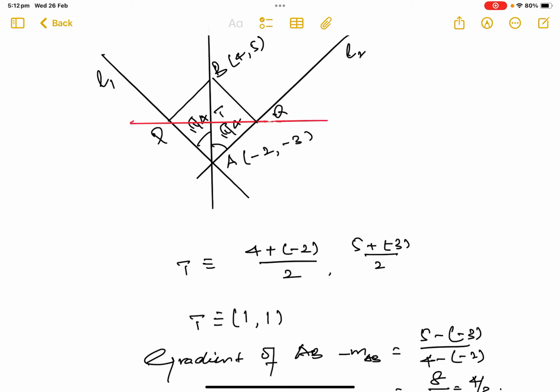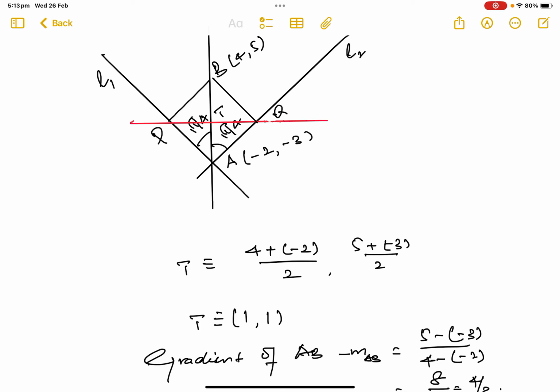The x-coordinate of T is (4 plus -2) divided by 2, so 4 minus 2 is 2, over 2 is 1. And the y-coordinate is (5 plus -3) divided by 2, so 5 minus 3 is 2, 2 divided by 2 is 1.